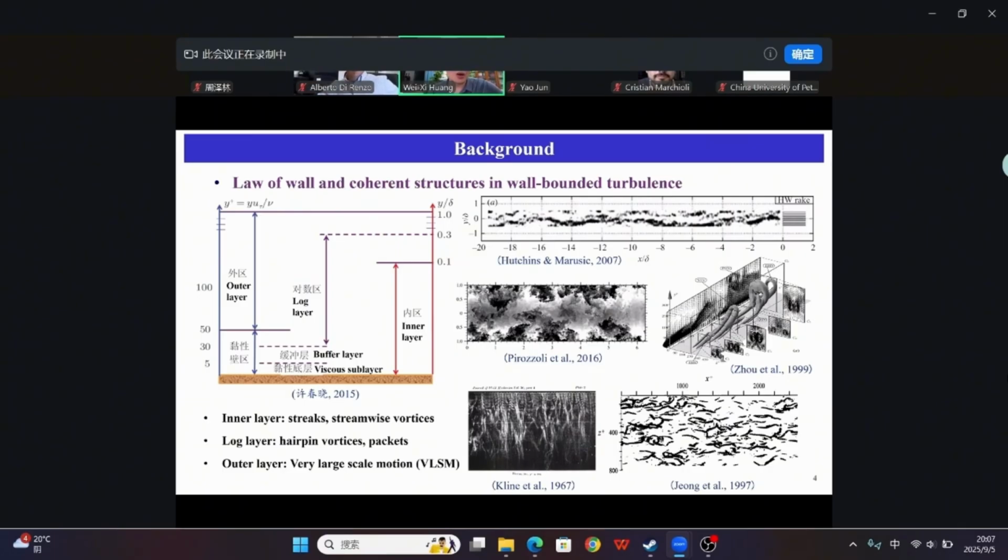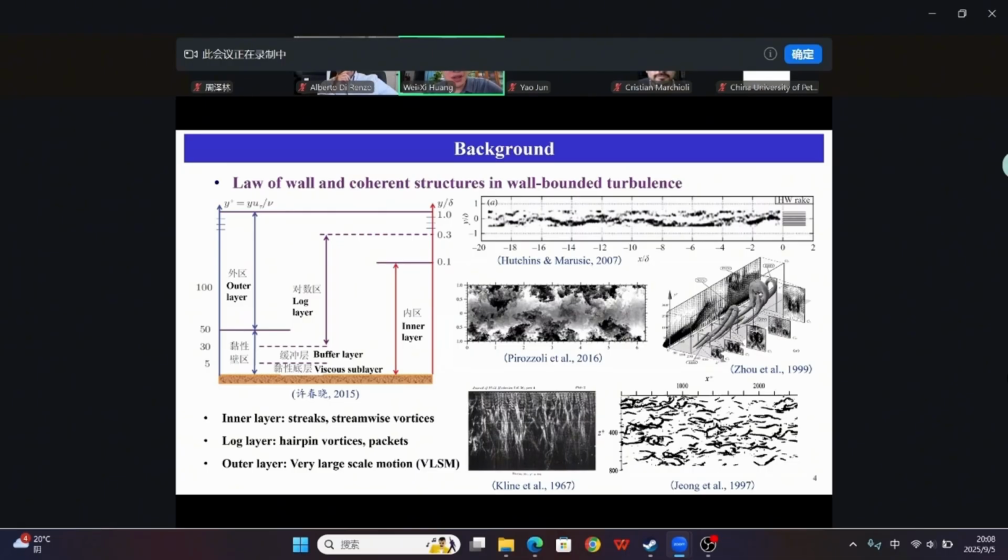In wall-bounded turbulence, people are well aware of some classic theories and typical characteristics like the law of the wall and the near-wall coherent structures. Along the wall-normal direction, the velocity profile can be divided into the viscous sublayer, the buffer layer, the log layer, and it can also be classified into the inner layer and outer layer.